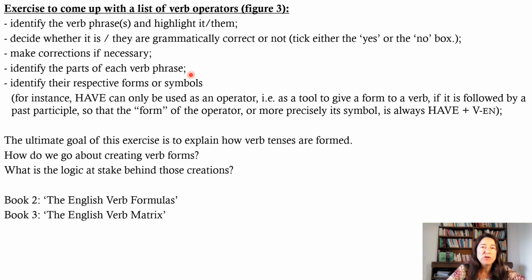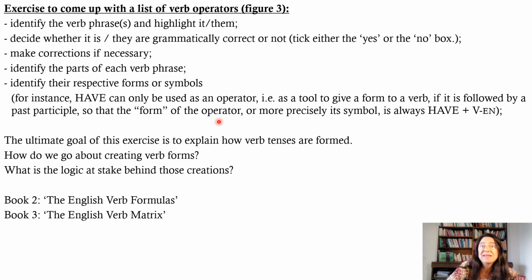The tool that we have used to put the verb see in the sentence is the tool that is called have plus VEN. This is the symbol for the tool that we have used in that sentence. I have seen her, and it is the symbol of an operator, and the name of that operator is, okay, so maybe you already know, it's not written on this slide, so I'm going to let you find out and we'll go over that in a minute.